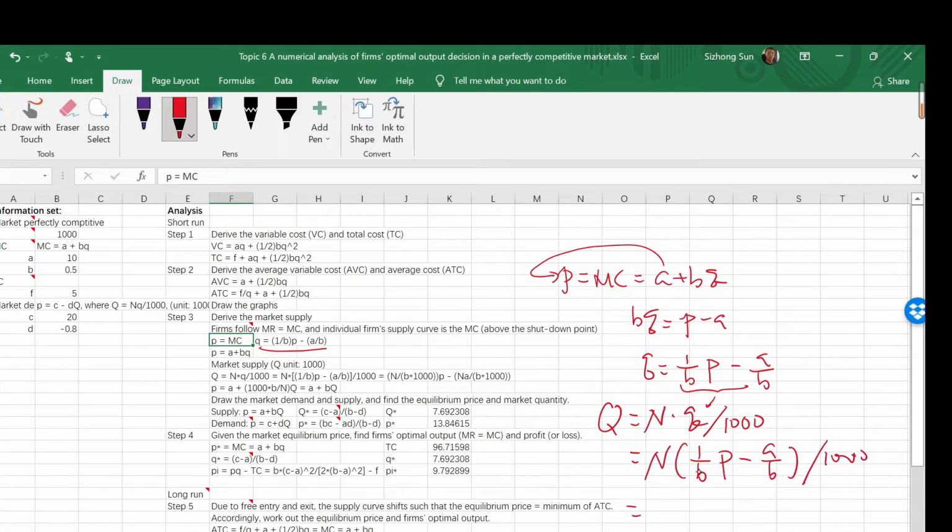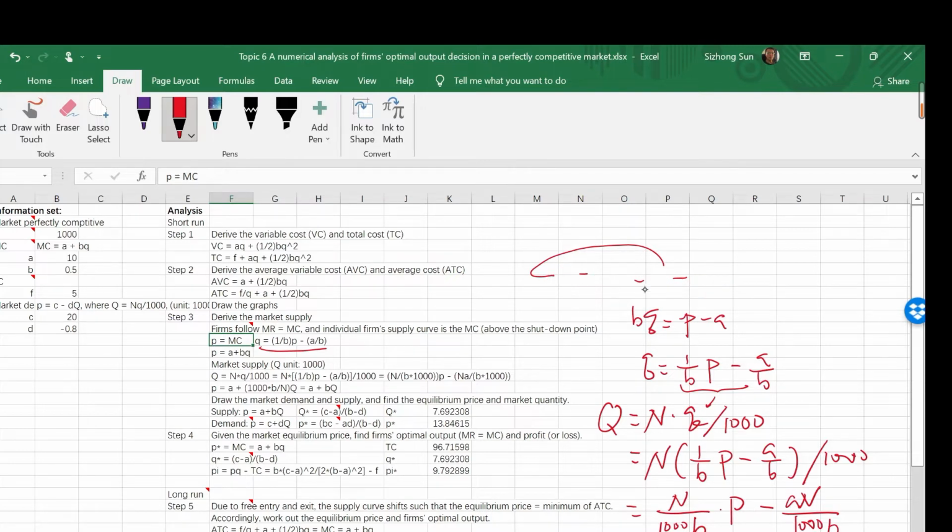Which is equal to N divided by 1,000 B times P minus A over B. And that's the supply curve.